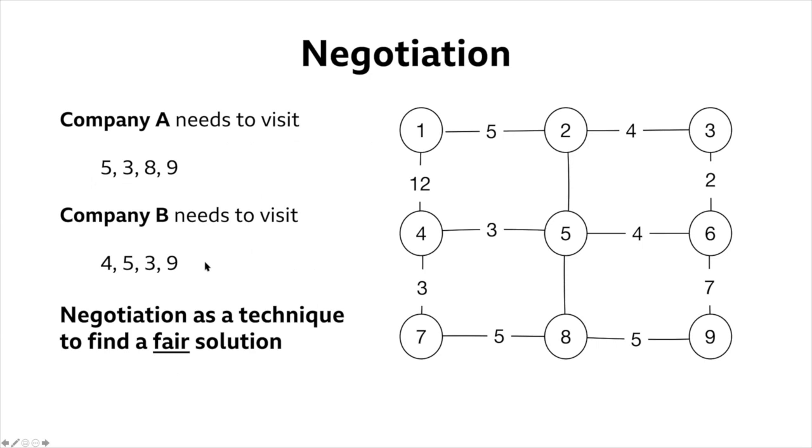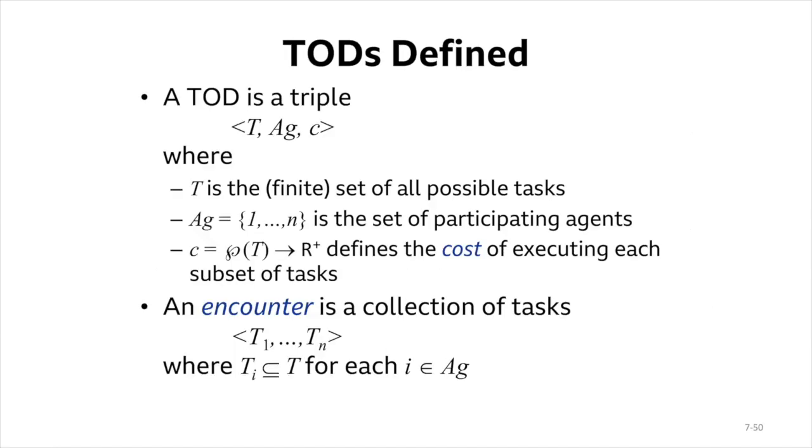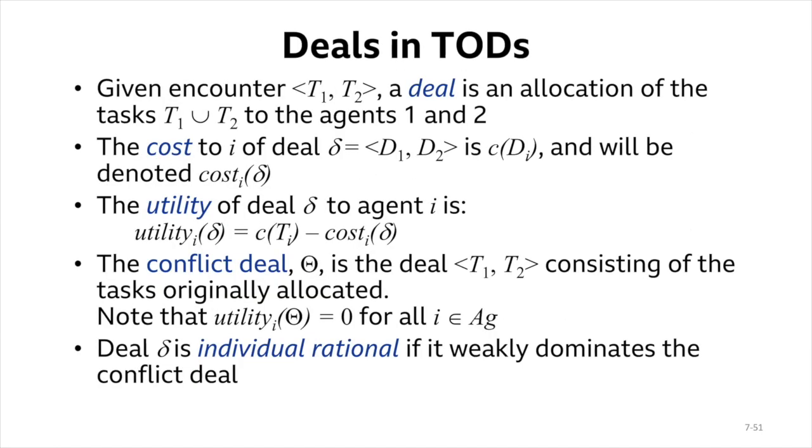Now remember, the whole point of this is that we're going to use negotiation to allow these agents to find a deal which makes things better for both of them. For example, where company A takes on the task of visiting 9, company B takes on the task of visiting 3, and so on, right? So our goal then is to find a deal which is an allocation of the tasks in T1 union T2 to the robots D1 and D2.